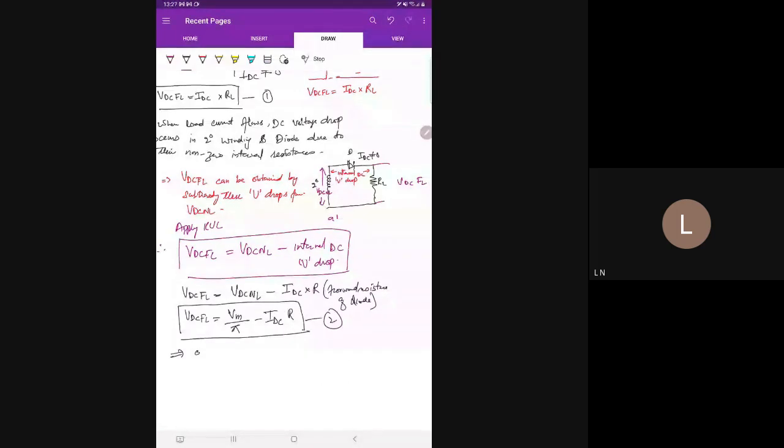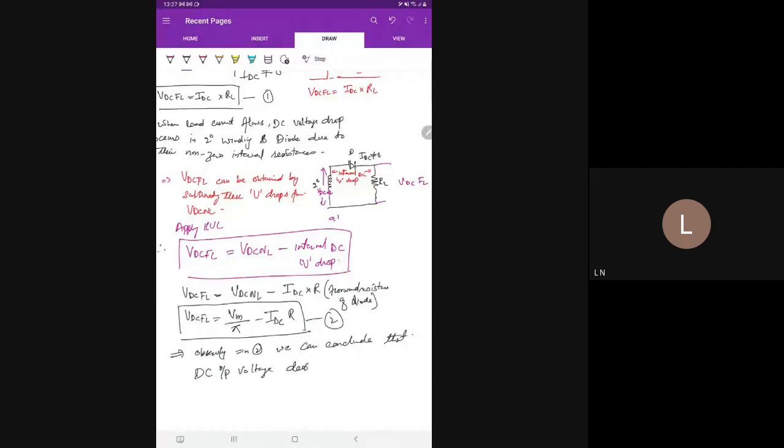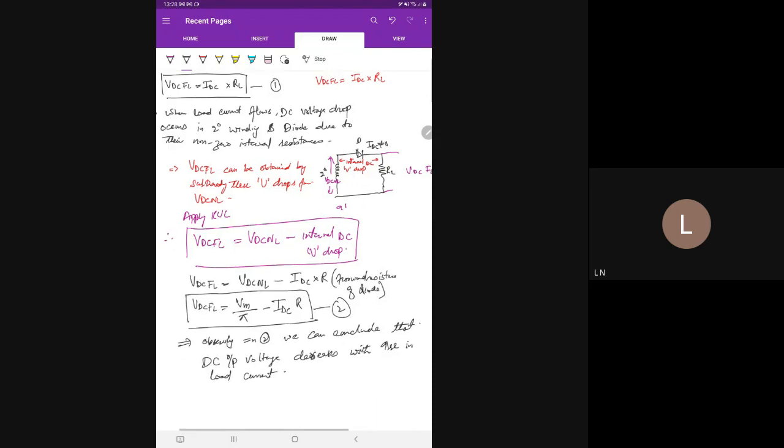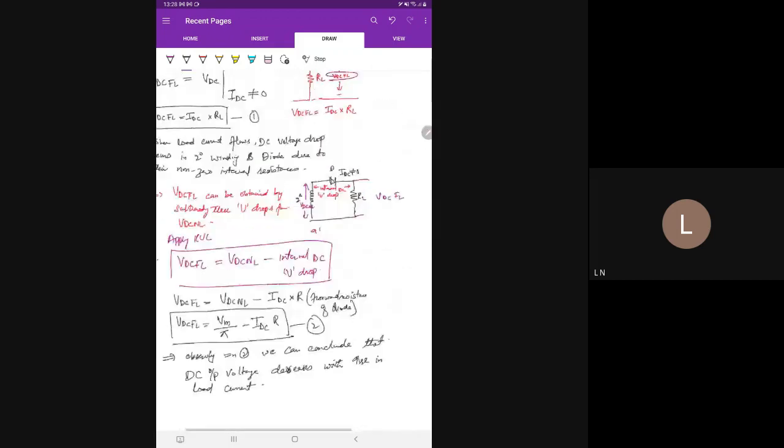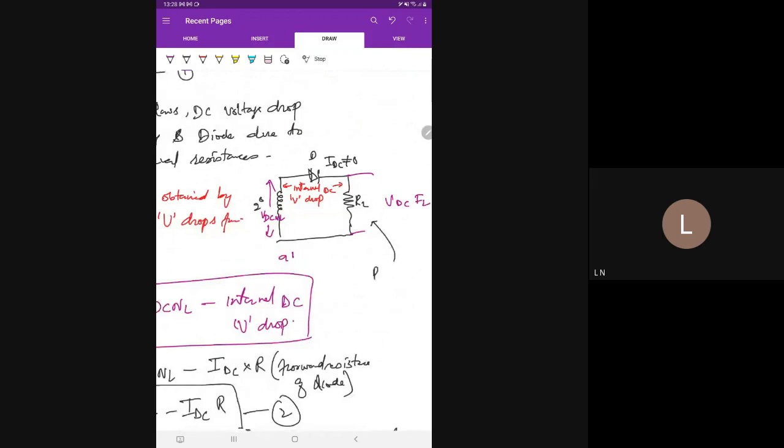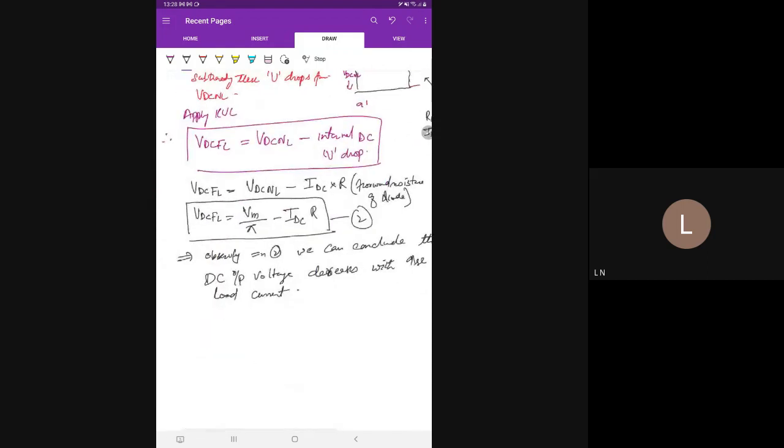Now, from the circuit, if the load resistance increases, the DC current flowing through the load resistance decreases, because when resistance increases, the current through the resistor decreases.